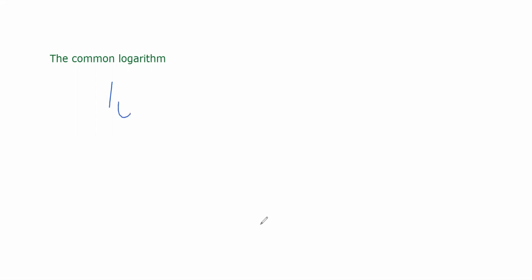We said that if you see a logarithm, and it says log, and there's no base written, we're going to say it has an implied base of 10. So we argued that, and the nice thing is your calculator has the common logarithm built into it.